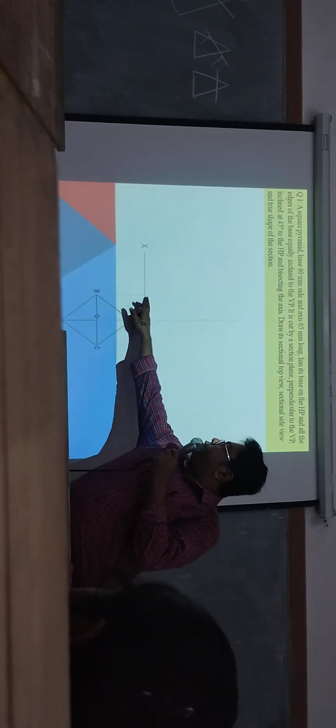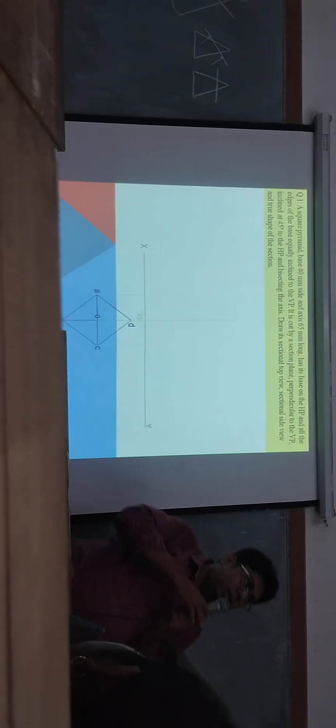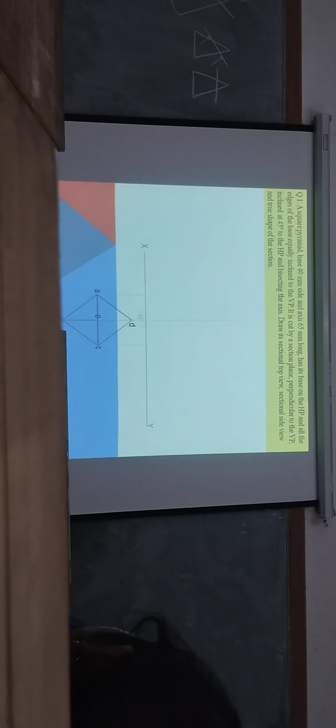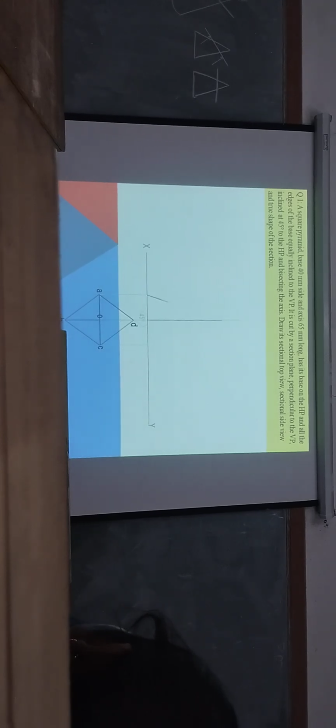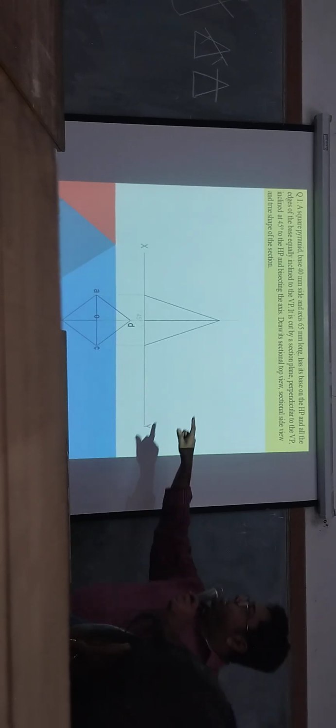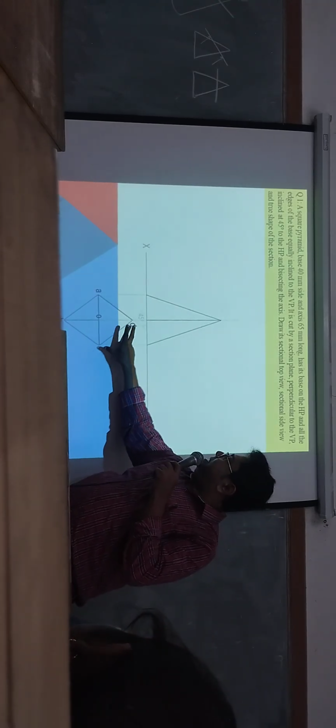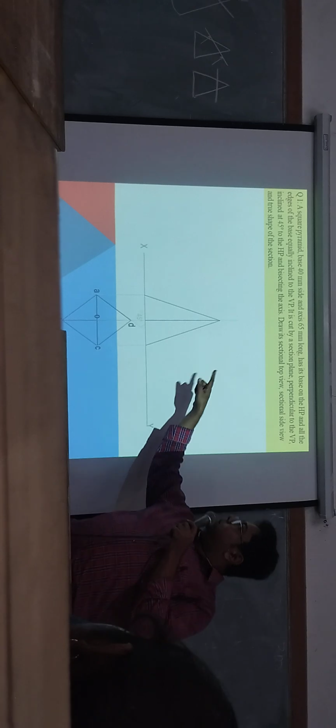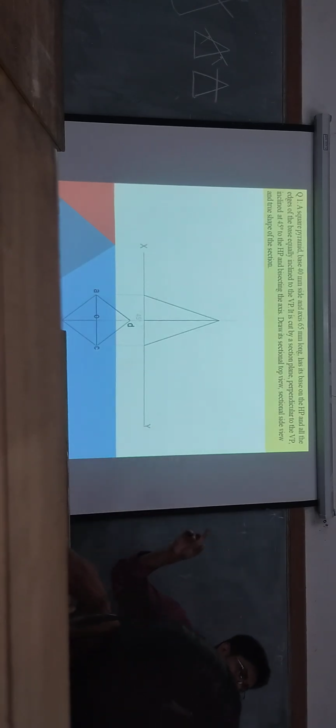Now these 2 points will join with the apex, where the height of the pyramid is given as 65 millimeter. So you can draw easily up to this. So this is 65, you know, base given. So this diagram I think all of you can make easily.